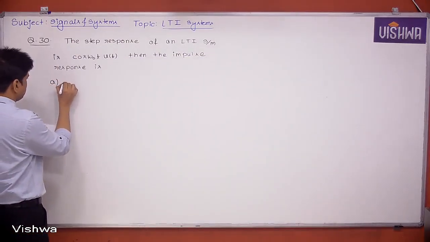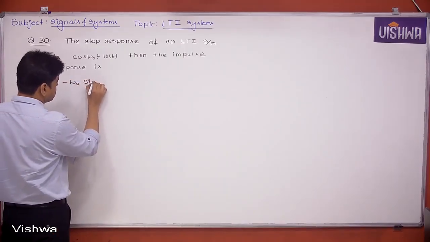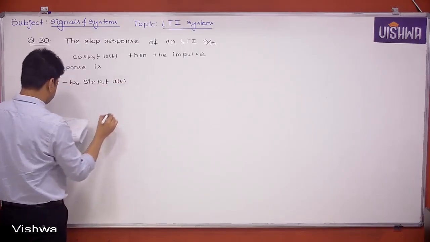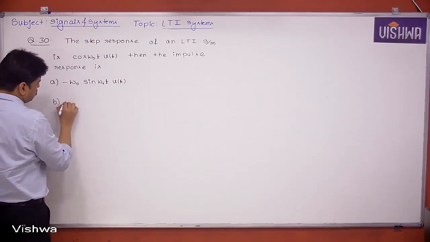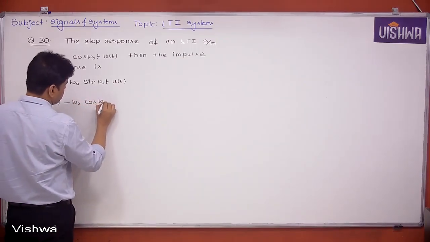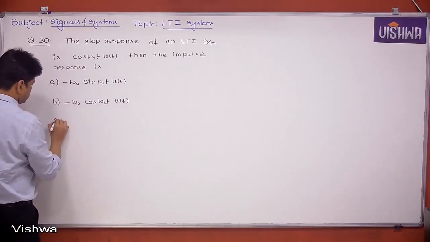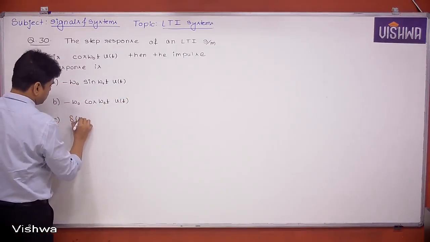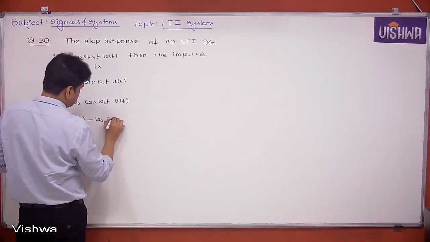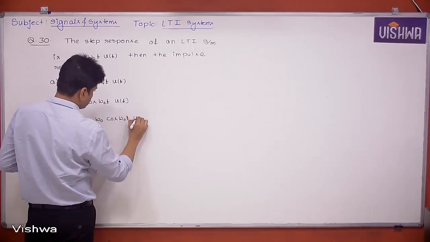Option A, minus omega naught sin omega naught t u of t. Option B, minus omega naught cos omega naught t u of t. Option C, delta t minus omega naught cos omega naught t u of t.